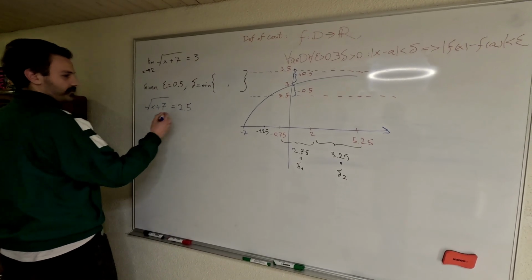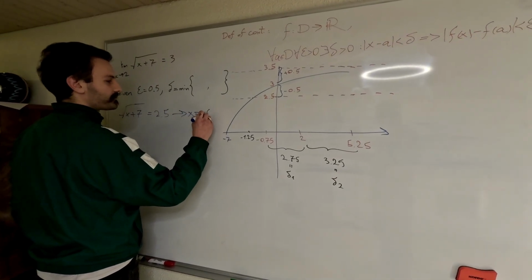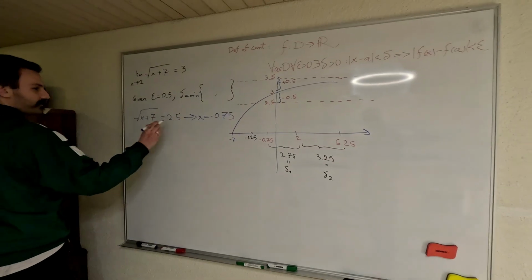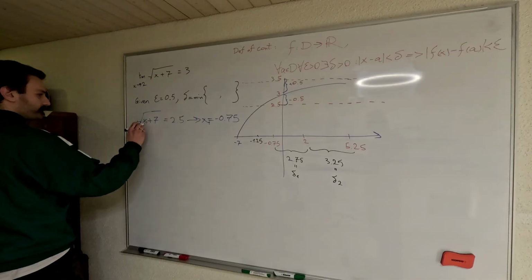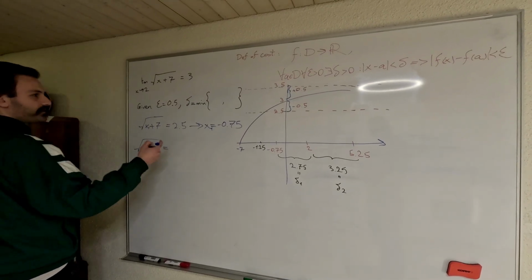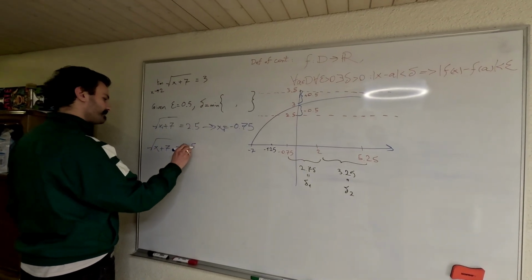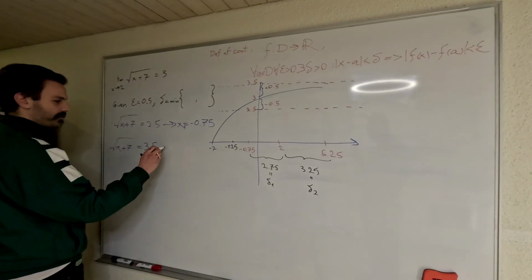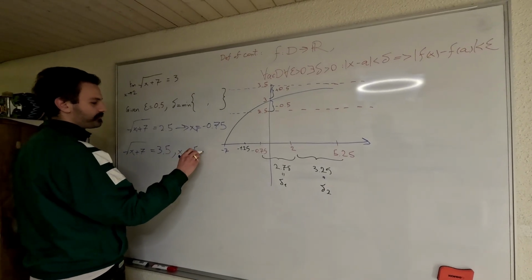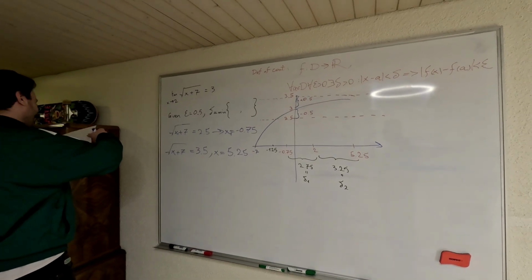And if you solve for x, you get x equals minus 0.75, and let's say that is x1. And let's say x plus 7 equals, let's now say, 3 plus 0.5, and this is 3.5, and x turns out to be 5.25. Let me check that out briefly.